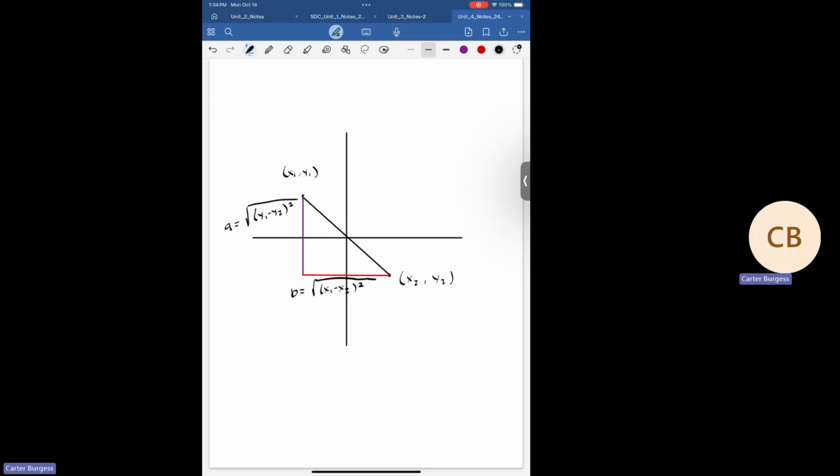I could do y2 minus y1 and x1 minus x2, which I've generally said don't do that because it matters in a lot of cases. Here, it really does not matter which I do. You should be totally good.